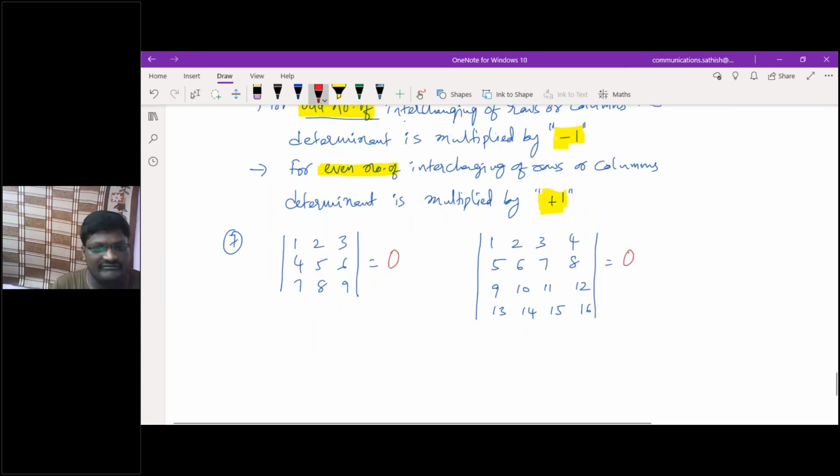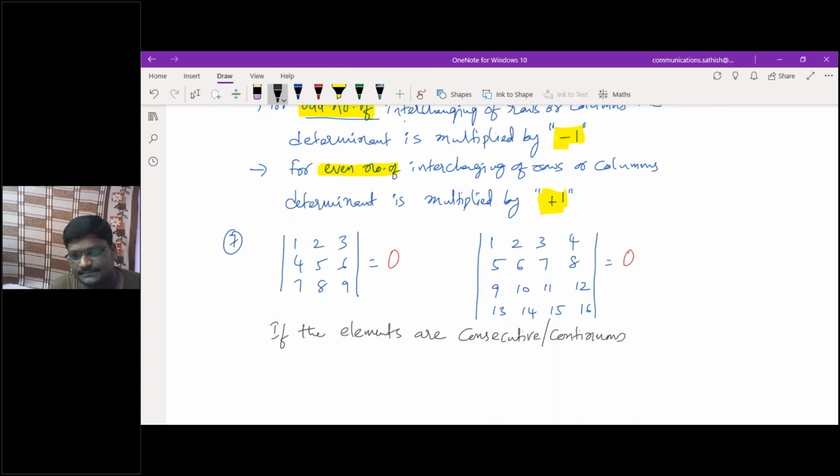Write down that point. If the elements in the given matrix are consecutive or continuous, then the determinant is what, ma? 0, sir.